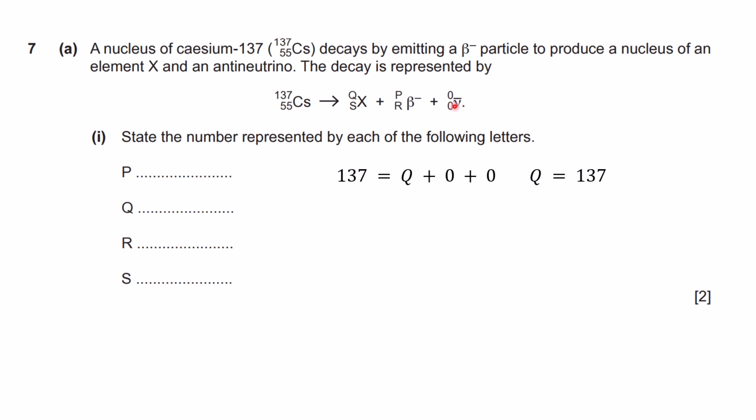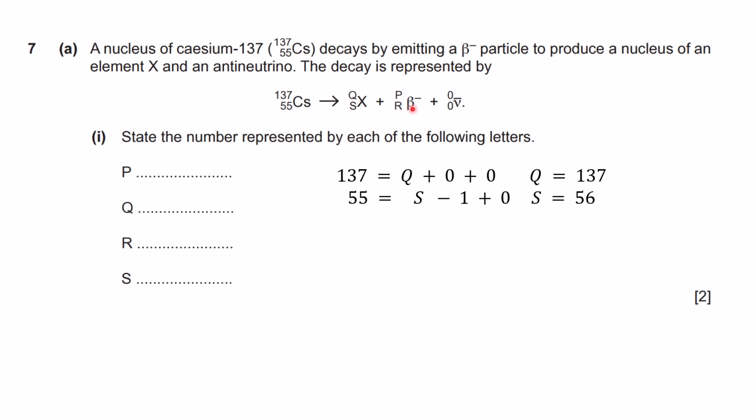Antineutrino is part of the beta minus decay, so it's always there. So there is no mass and no charge. So 0. Therefore Q is 137. And the bottom one, 55 is equal to S.